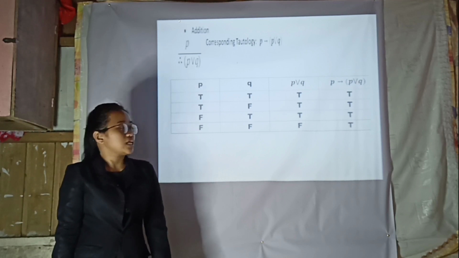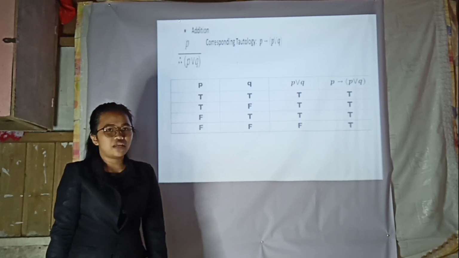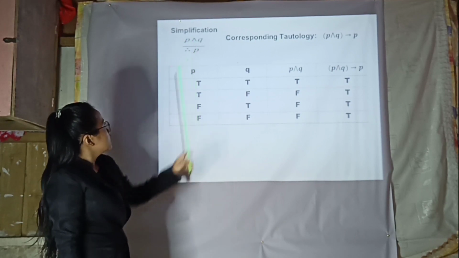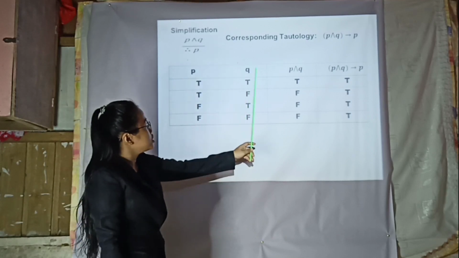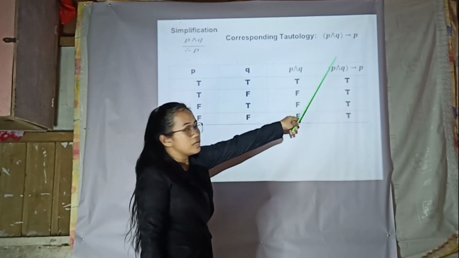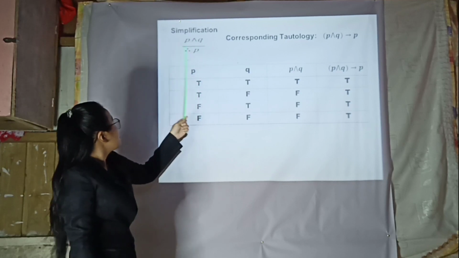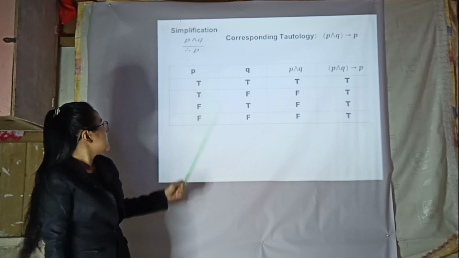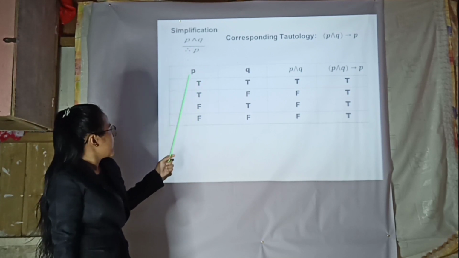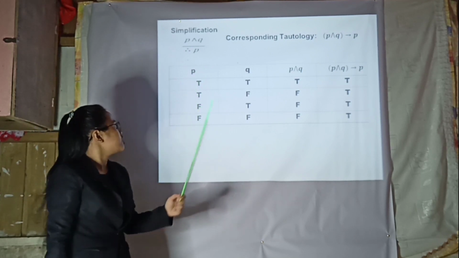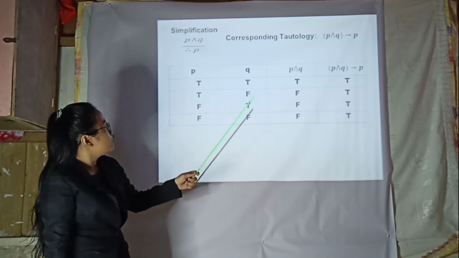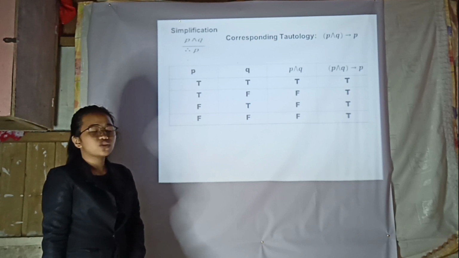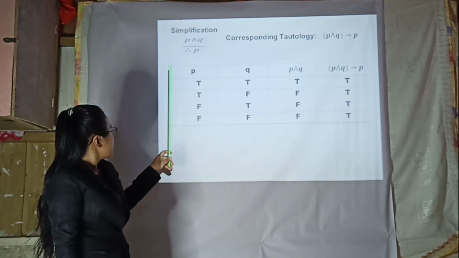Let's proceed to the next rule of inference, the simplification. The corresponding tautology is P and Q implies P. So P and Q, therefore P. As in the previous discussion, we have two variables, so 2 squared equals 4, and 4 divided by 2 equals 2.